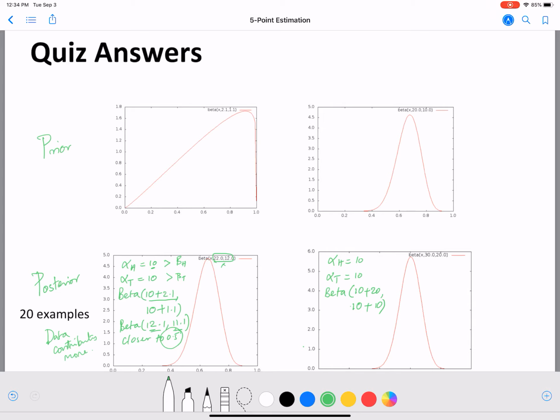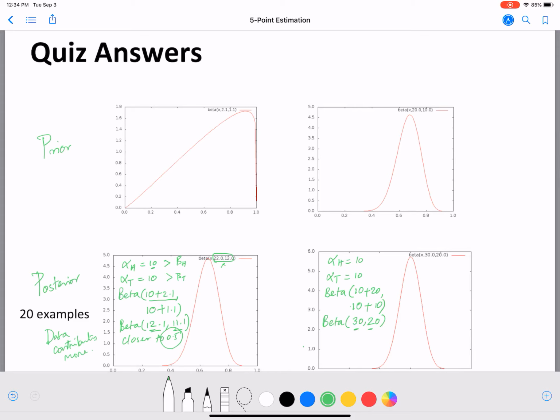So here again we can see that still the prior contributes significantly to the posterior. And the difference between these two values is still great, pretty great.